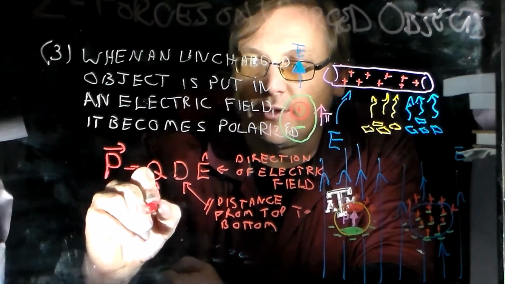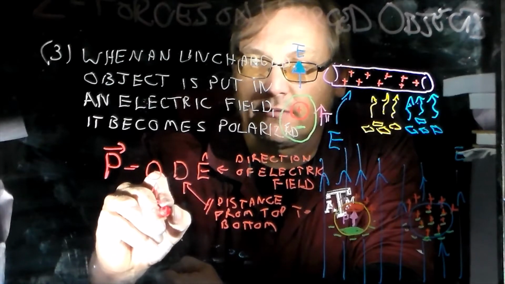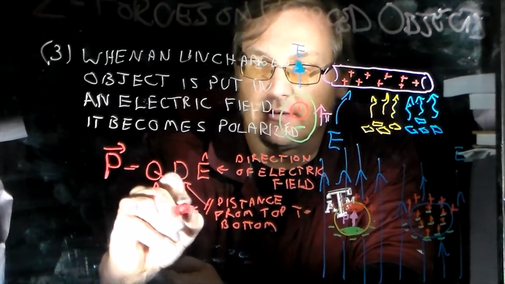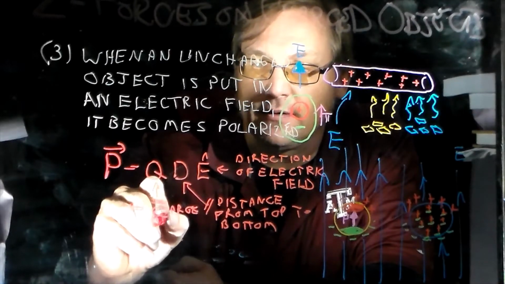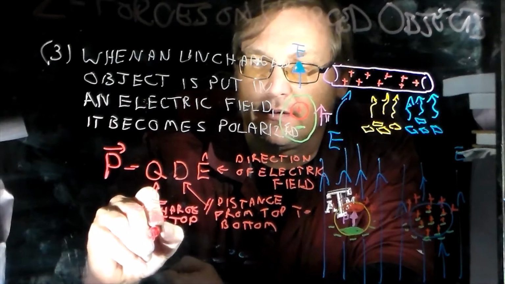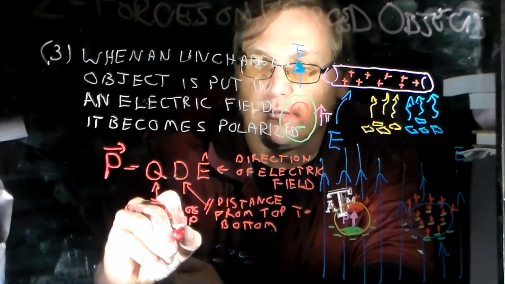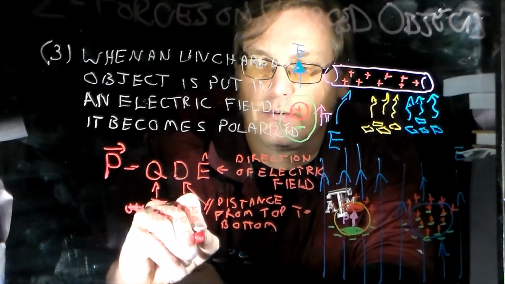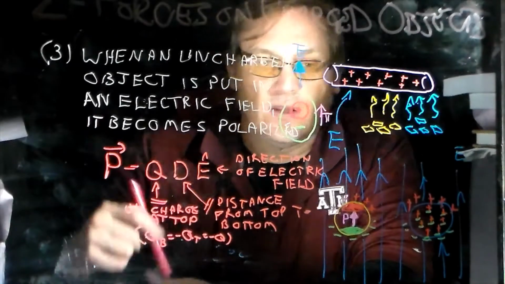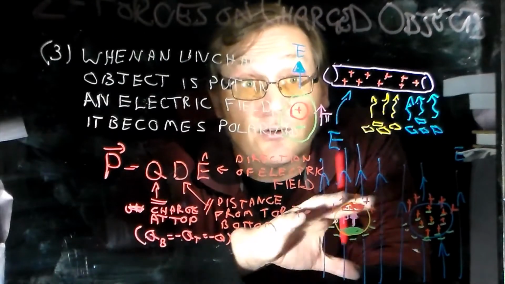Maybe I should say the uncompensated charge. No, I'll just say charge at the top. The uncompensated charge at the top. Q bottom is equal to minus Q top, equal to minus Q. Okay, so this charge and that charge, because of where the charge is coming from, have to be the same.